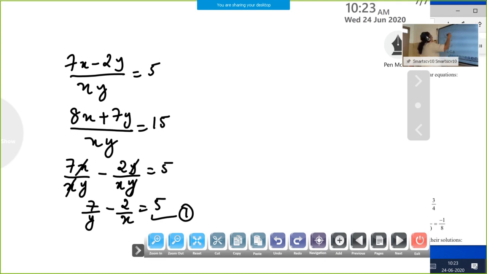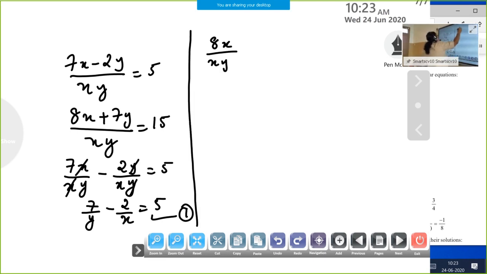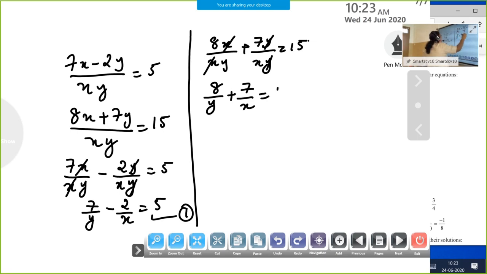Similarly, second equation: 8x divided by xy plus 7y divided by xy is equal to 15. x and x cancel, y and y cancel. This is 8 divided by y plus 7 divided by x is equal to 15. This is our equation 2.